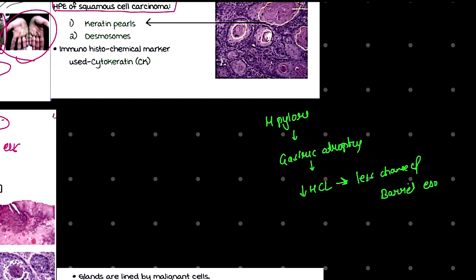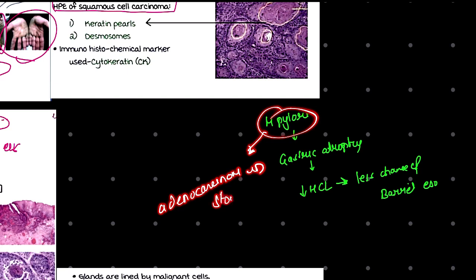So here what we can see is, H. pylori increases the chances of adenocarcinoma in stomach.